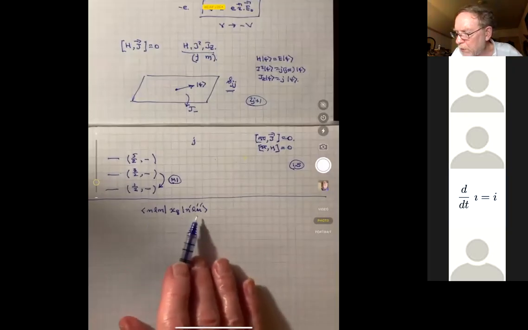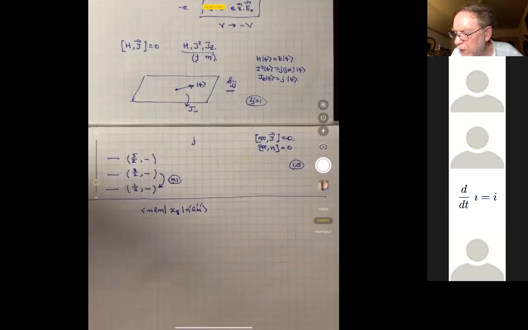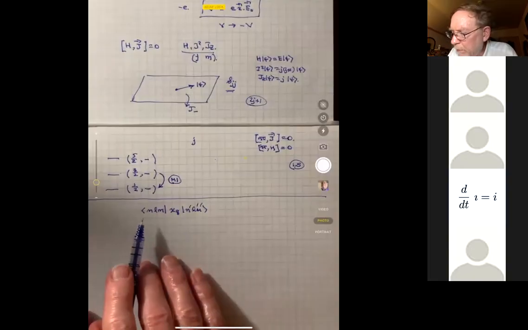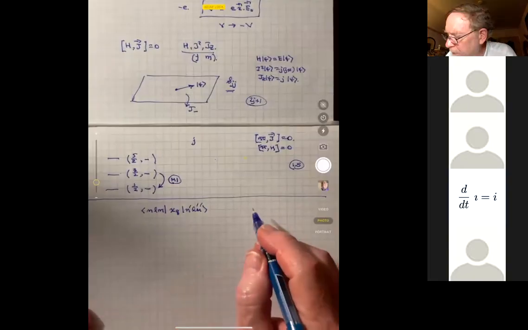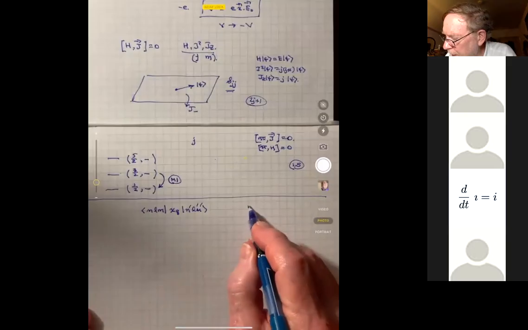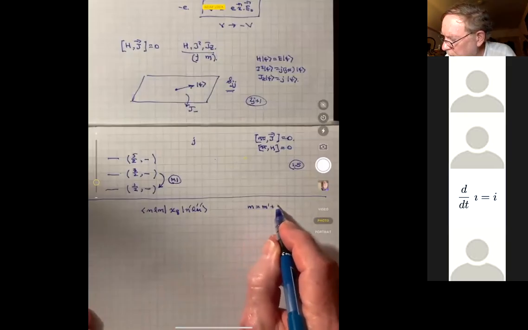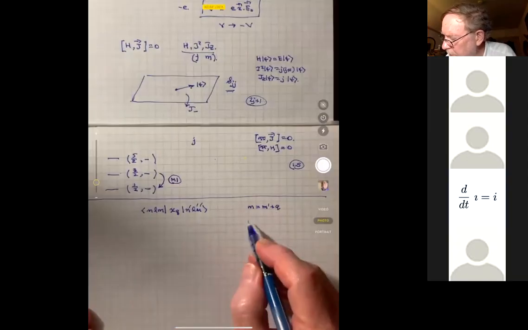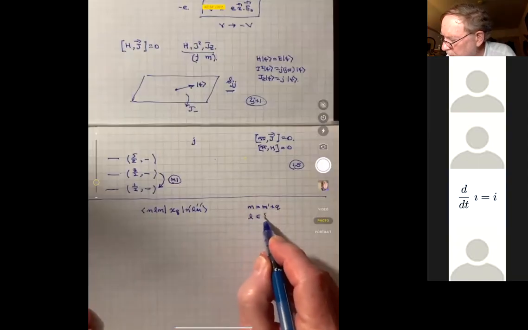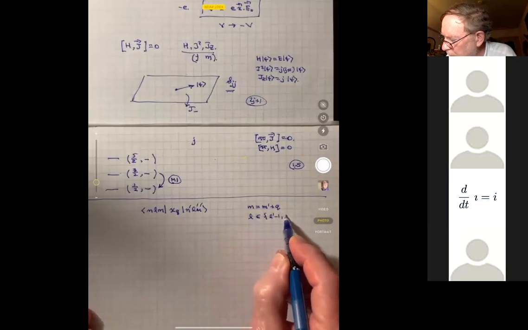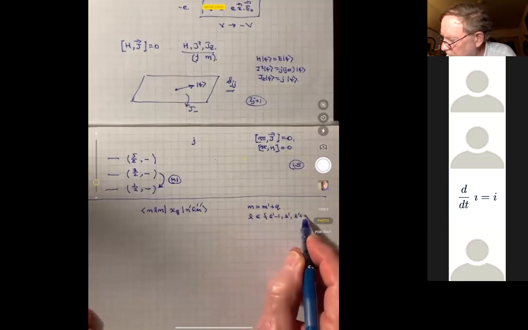And I mentioned that this matrix element governs the rate of the transition. We examined this matrix element using the Wigner-Eckhart theorem, and we found two selection rules, one in magnetic quantum number, that M must be equal to M prime plus Q, and also one on the L quantum numbers, that L must belong to the set L prime minus 1, L prime, and L prime plus 1.